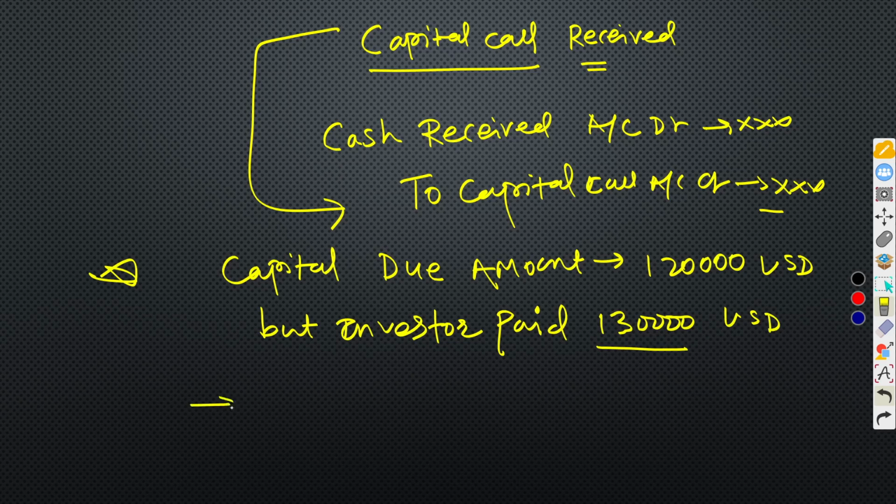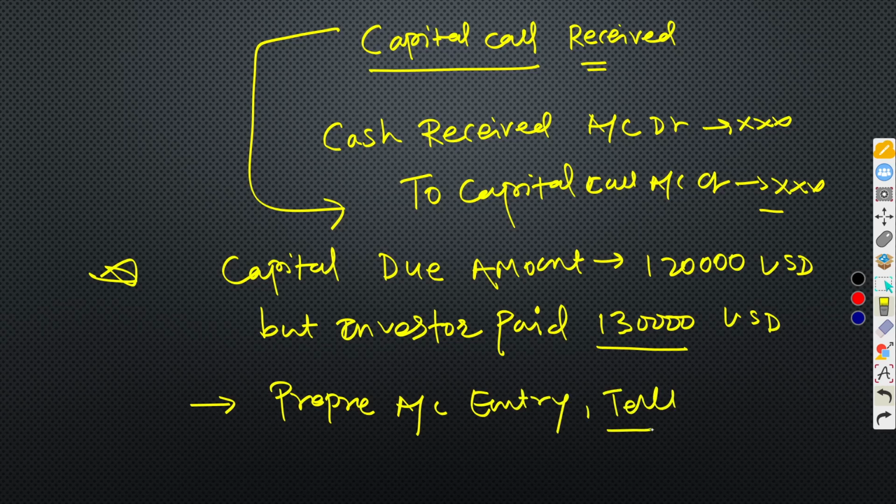So again, for you, the expectation is to prepare the accounting entry and tell me why the investor would have paid in advance like this. It means you have received almost 10,000 extra. So what could be the possible reasons and all?